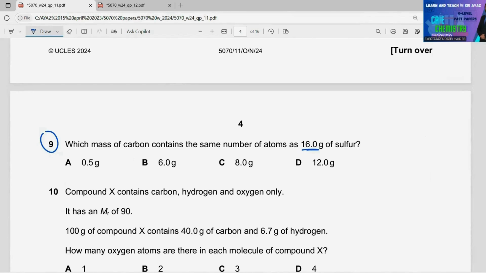So let's calculate the number of moles of sulfur. You know the formula: it's mass divided by AR or MR. So in this case, it must be 16 divided by 32, which becomes 1/2 or 0.5 moles.